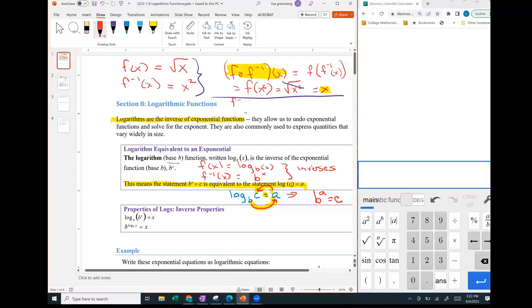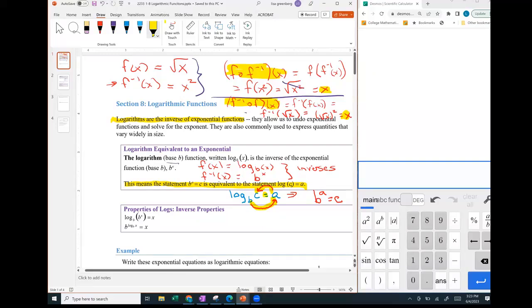What I mean is f inverse of f of x. We replace f of x with the square root of x. So I have f inverse of the square root of x, and now I plug the square root of x in for x in the second equation. I have the square root of x squared, which again equals x.